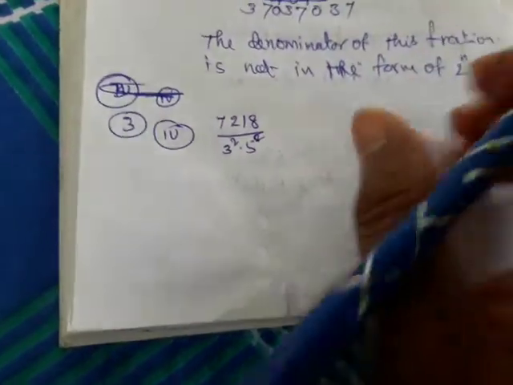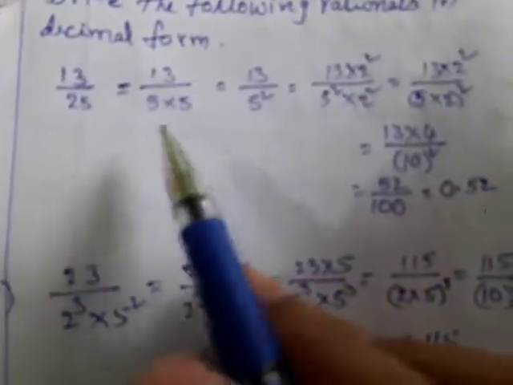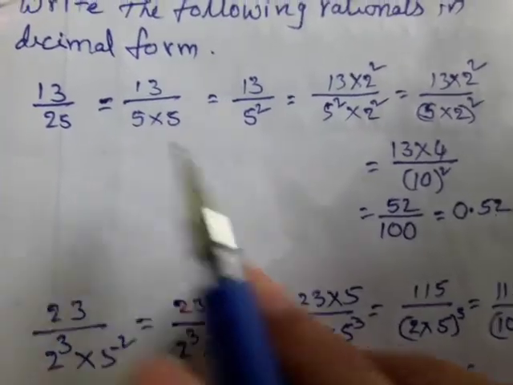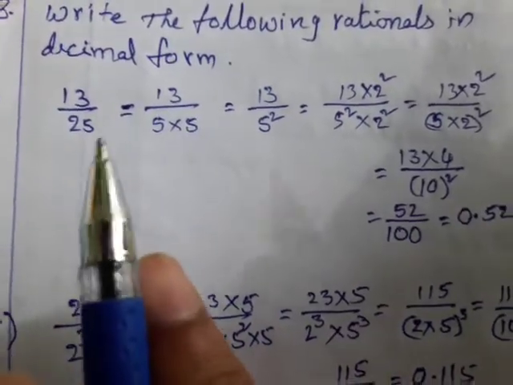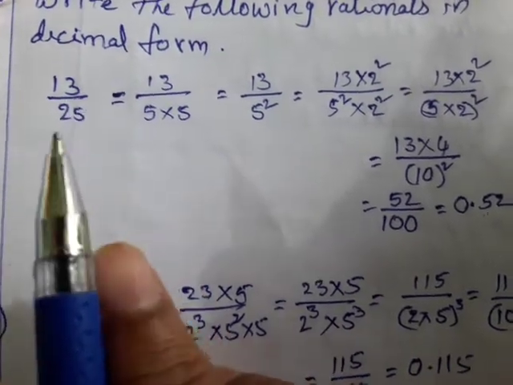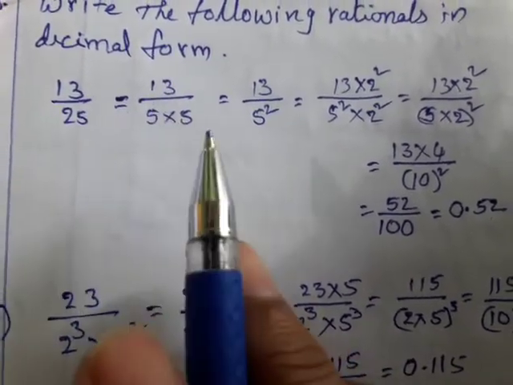Look at these sums. How to write a given fraction in decimal form without actual division. For 13 by 25, you have to write 13 by 5 square.